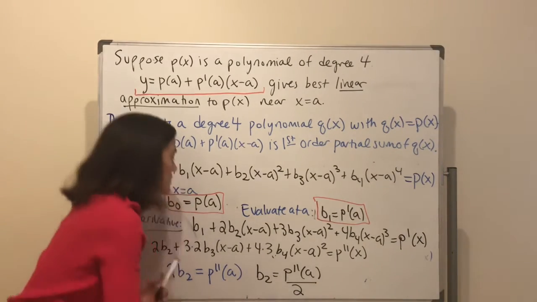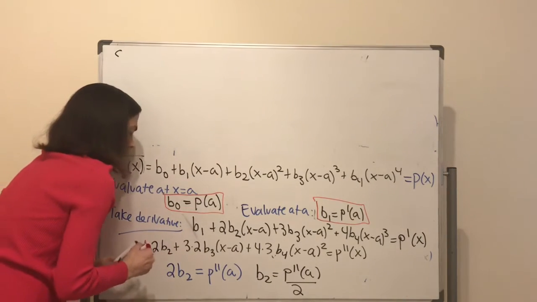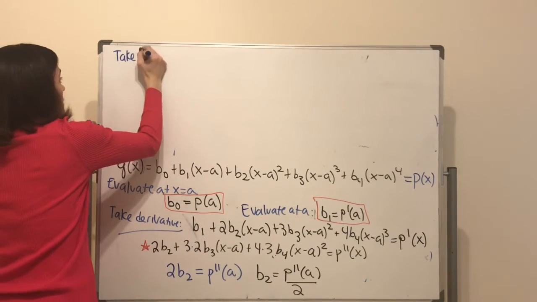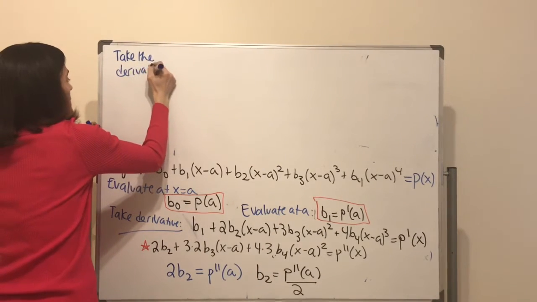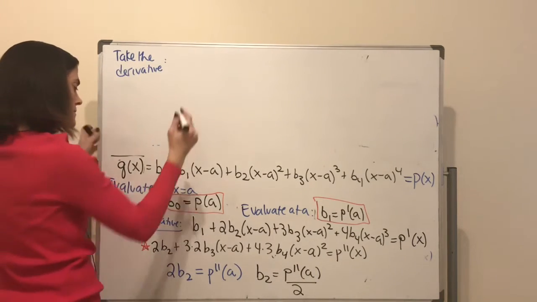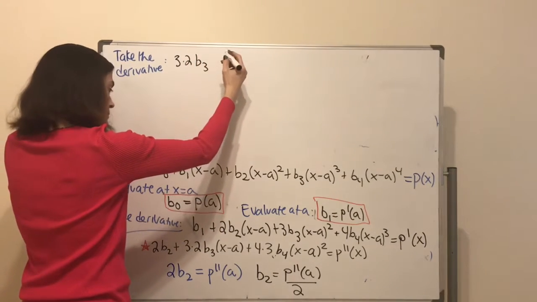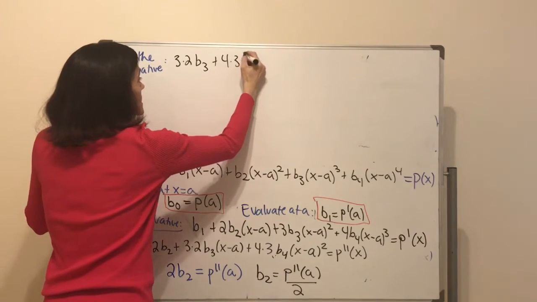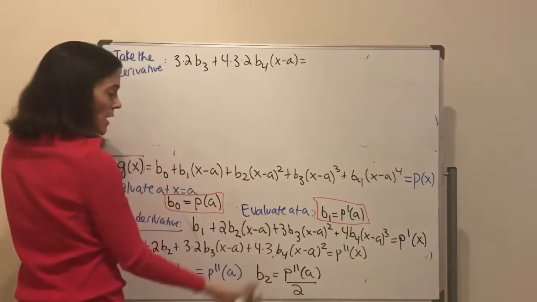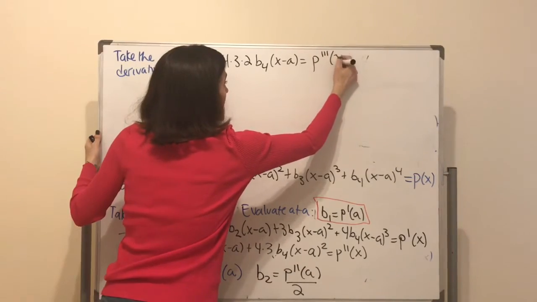Okay, well, I'm going to move up here, take this line, I'll star it, and I will take the derivative. And what do I get? The left-hand side here, I get 3 times 2 times B3 plus 4 times 3 times 2, B4, times x minus A, and this will equal, well, I take the derivative again, the third derivative at x.